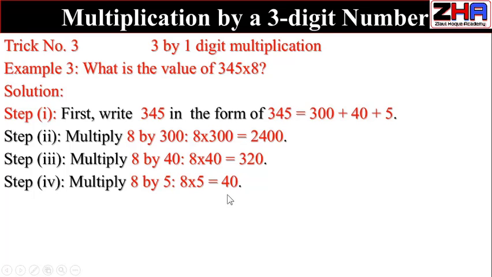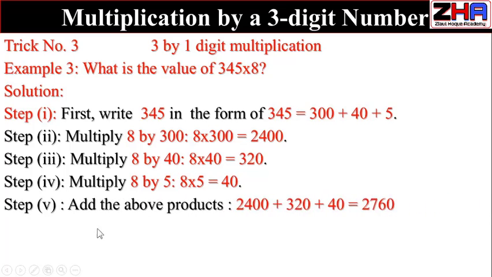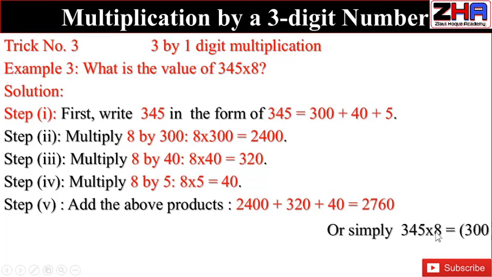We have 8 into 5 is equal to 40. Step 5. Add the above products. We have 2400 plus 320 plus 40. This is equal to 2760.